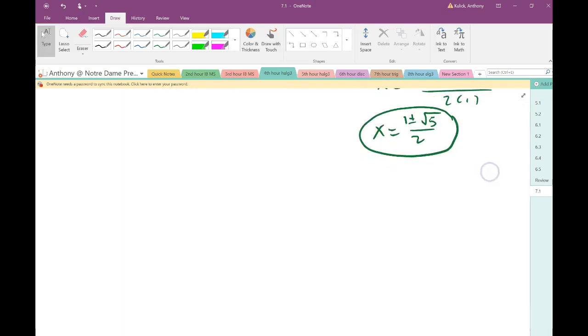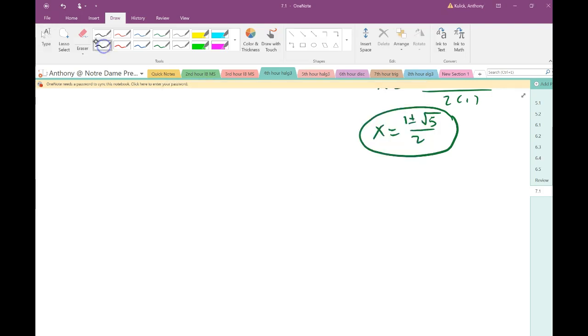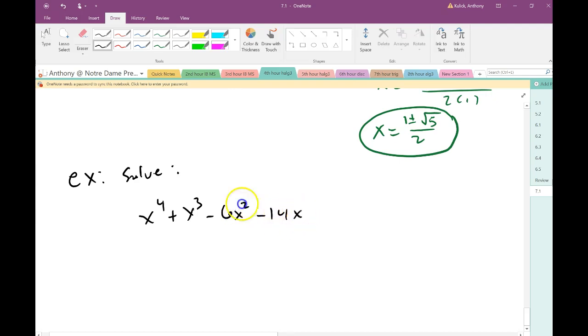What if we do this one next? So suppose we're asked now to solve x to the 4th plus x cubed minus 6x squared minus 14x minus 12 equal to 0.